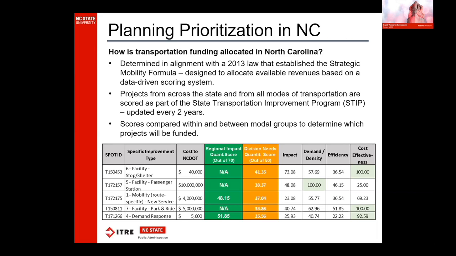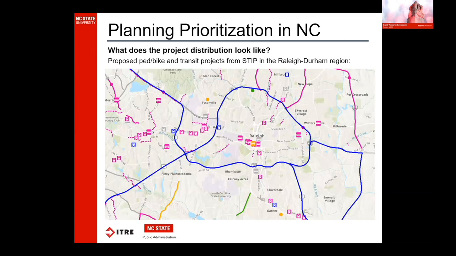And this table here just shows a very small snapshot of many, many data points that are in the system for a given project and what that might look like. And so the program that is related to prioritization is called the Strategic Transportation Investment Program.